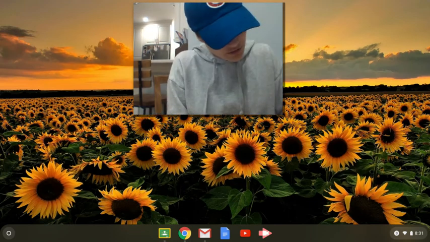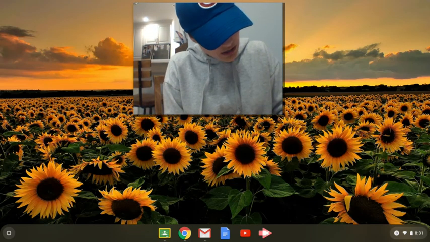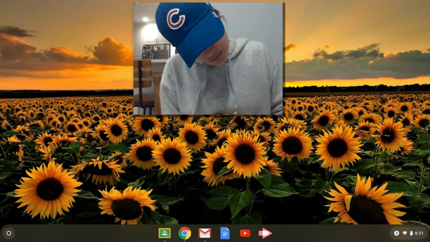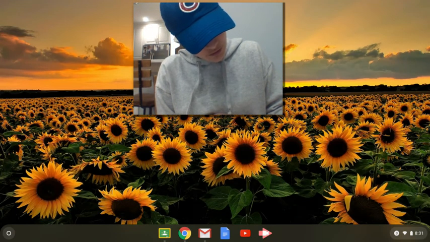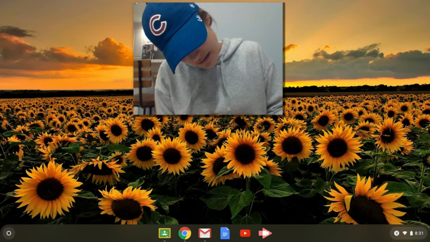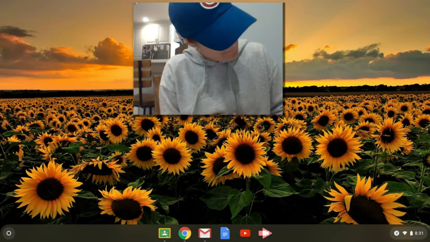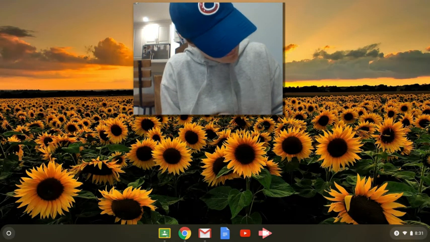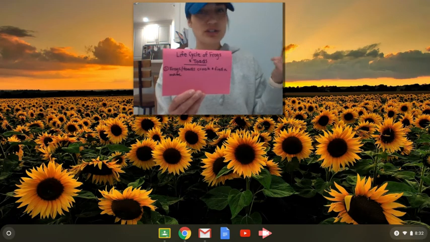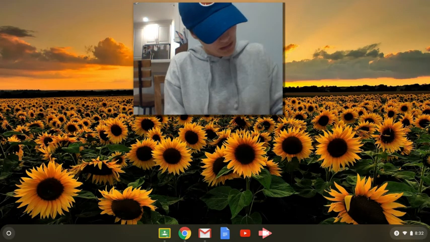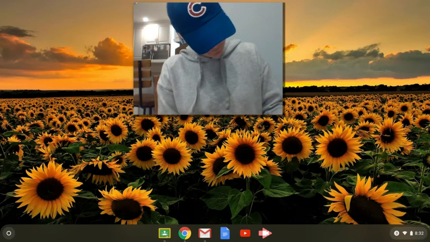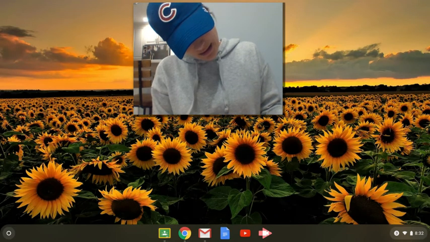All right, so the first step was the frogs/toads croak and find a mate. Notice how I didn't write every single detail it says in the book. Remember, this is just to help you. Next, they lay spawn.